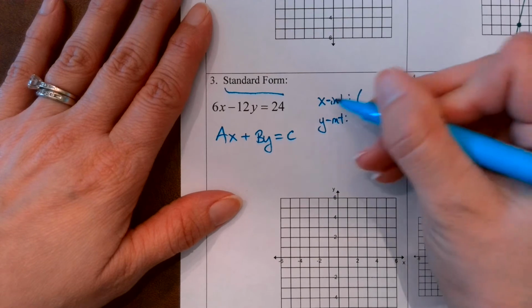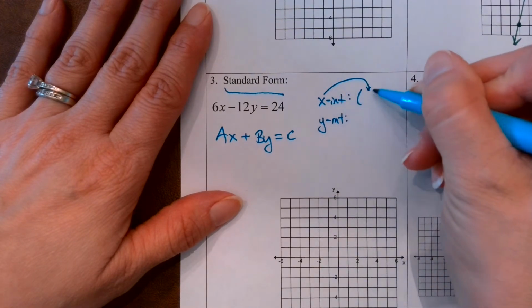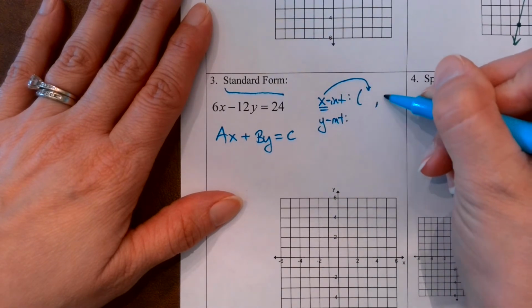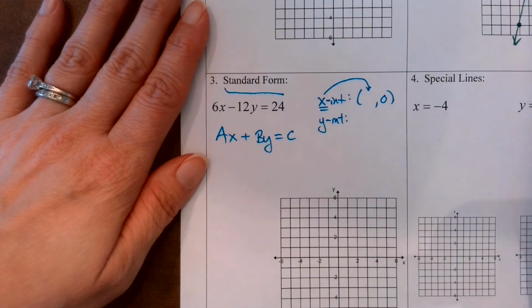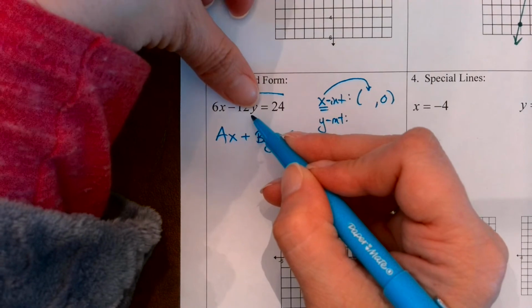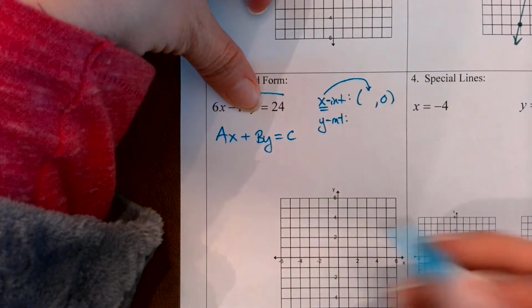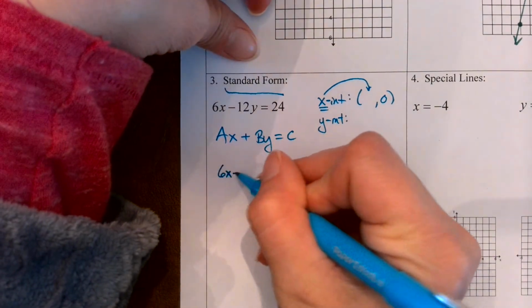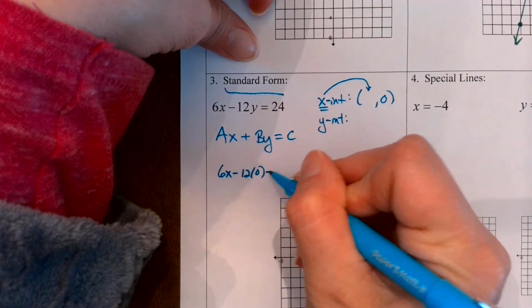To find an x-intercept, x is the x number, you're going to make y be 0. So if you let y be 0, some people cover this term up with their finger. Some people like to do a calculation and plug in a 0.